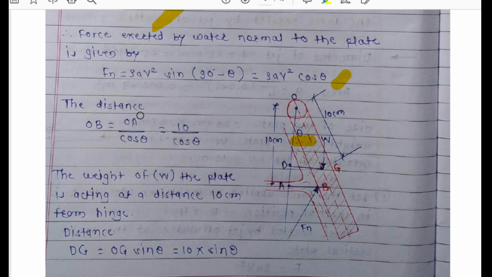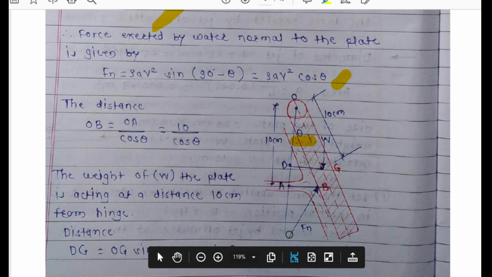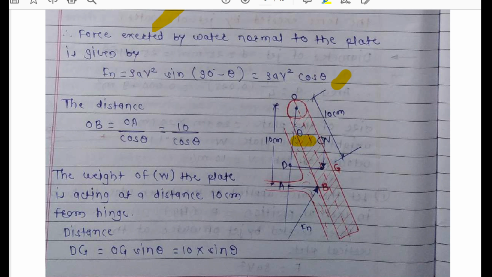Now for the moment we have to take the distance O to B, and this Fn is acting at the distance OB from the hinge. So we have to convert this OB into some numerical value too, so that this cos theta and this cos theta will get cancelled, and the numerical value which we want will stay here.